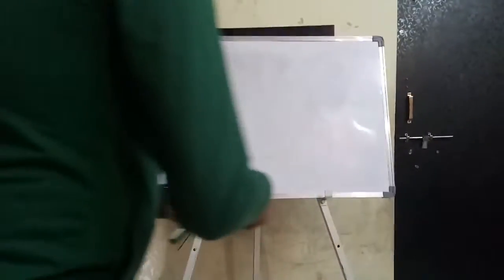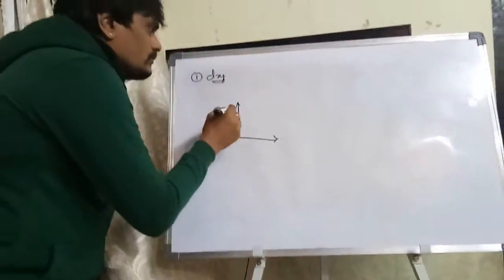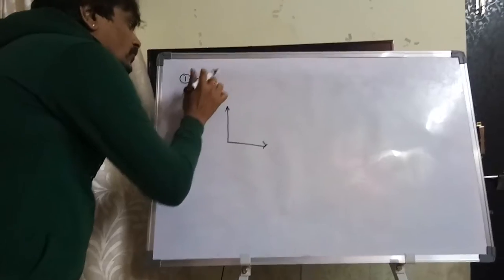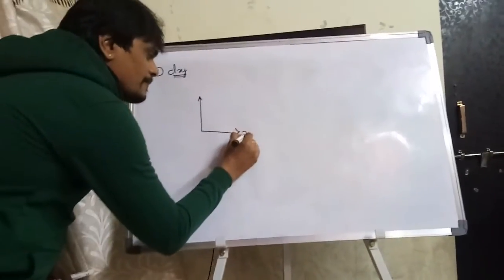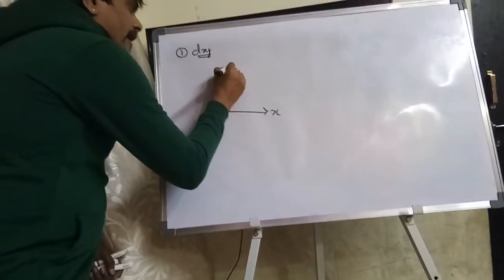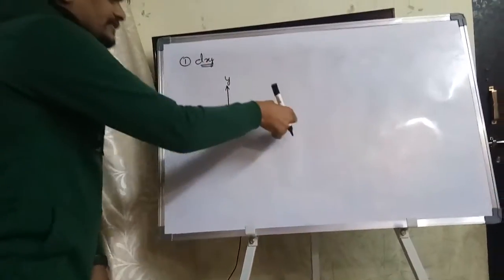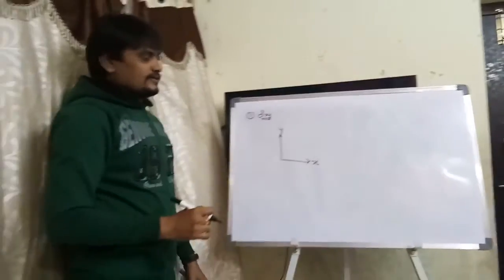Out of the 2 axes in dxy, one axis is the x-axis, another axis is the y-axis.